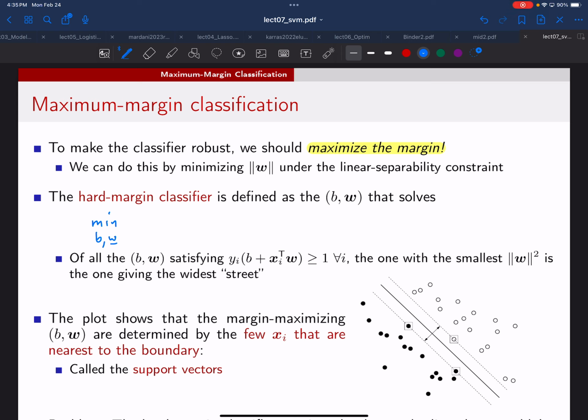I'm going to find the B and W that minimize one half of the norm of W squared. Remember, that is going to be like the squared inverse margin, such that the linear separability condition is satisfied.